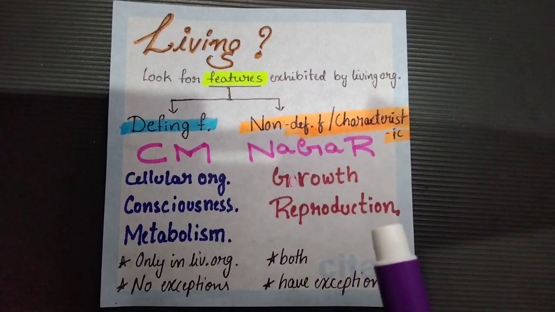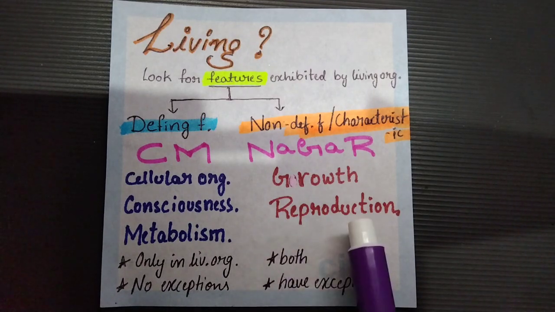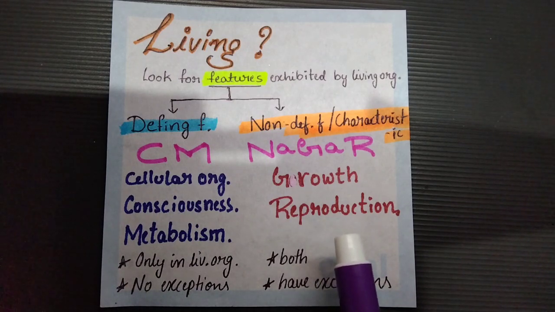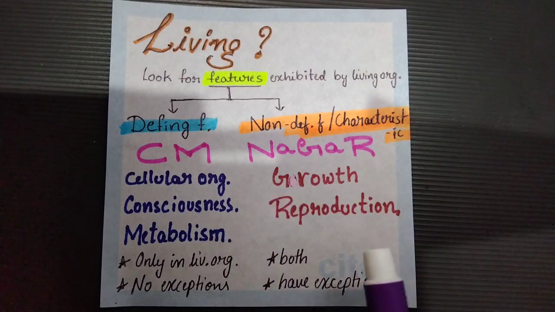Whereas non-defining features are present in living organisms, but sometimes they may be absent in a few living organisms. That means they may have some exceptions. Example, reproduction. Reproduction is present in living organisms, but except a few: infertile human couples, mules, many organisms cannot reproduce at all.